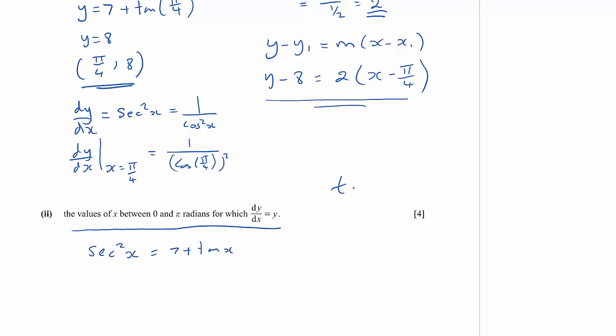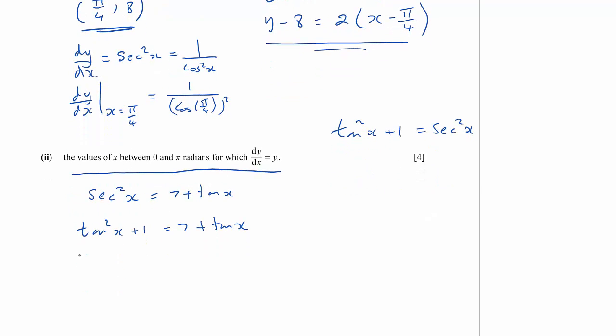But we do know that tan squared x plus 1 is sec squared x. So in other words, that sec squared there can be replaced by tan squared x plus 1. And if we bring everything to the left, we've then got tan squared x minus tan x minus 6 is equal to 0.